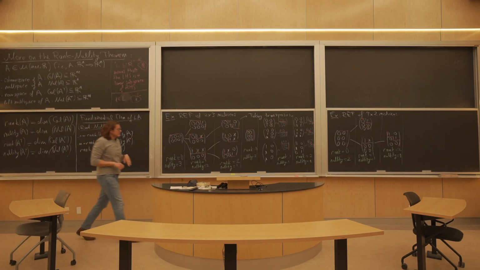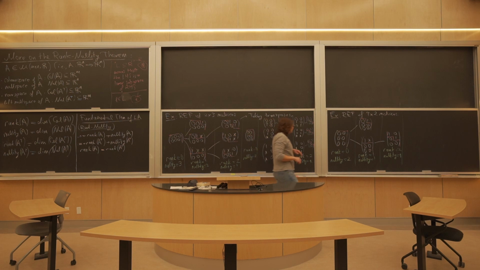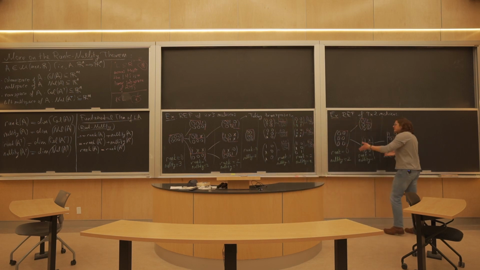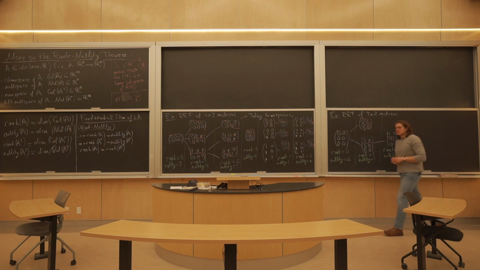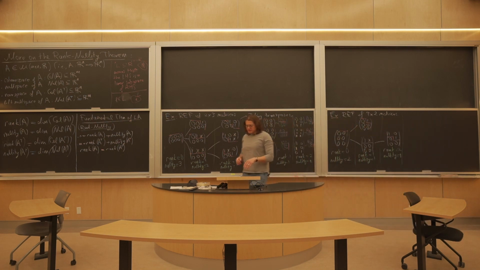But we'll get to that later. Okay. Any questions about these so far? Of course, I could take these and take their transposes, and you're going to realize that the ranks are still preserved. Okay? Good. So let's do more examples.